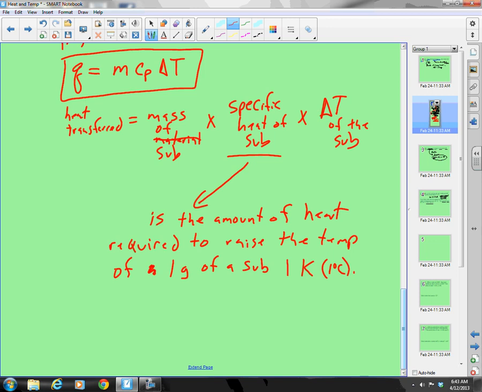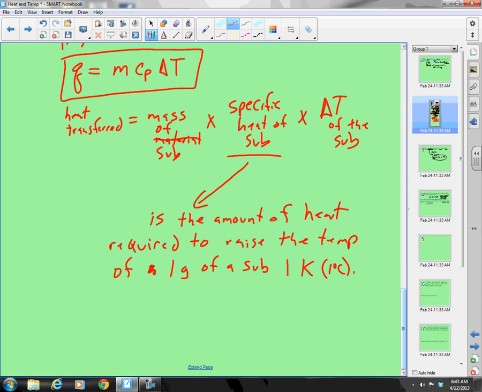Because when we're talking about change, they're the same. Is the amount of heat required to raise the temp of 1 gram of a substance 1 Celsius.